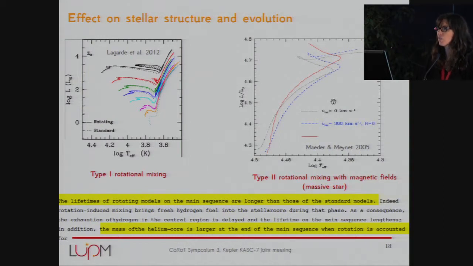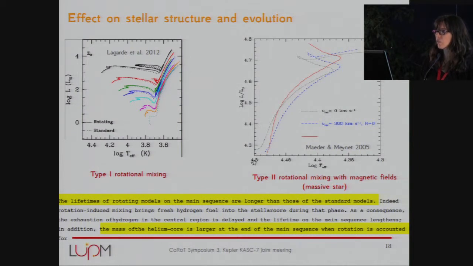Globally, what you should expect when you include rotation and the other processes that can transport angular momentum and chemicals, the results of all the codes that include these processes are that the lifetimes of rotating models on the main sequence are longer, essentially because of the mixing of hydrogen into the core, so the hydrogen burning phase will be longer, and the cores are larger when you have rotation.